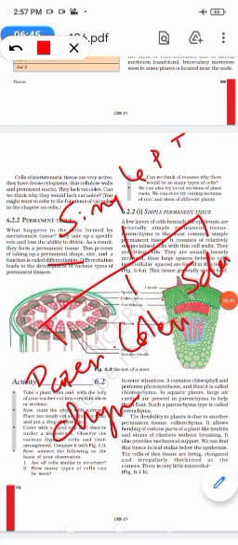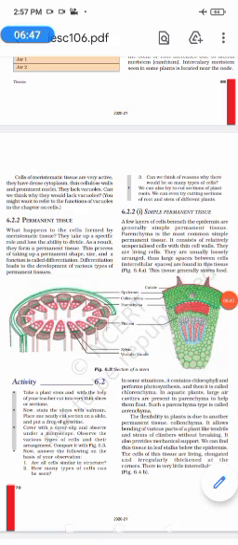Parenchyma is the most common simple permanent tissue. It consists of relatively unspecialized cells with thin cell walls.